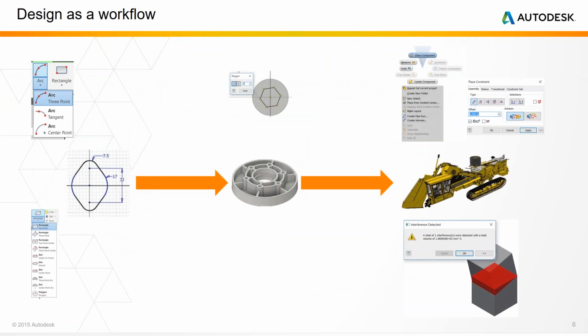So if we create a sketch and we model our part, then we can create our assembly based on these parts as components. So we need to give some constraints and assembly mates.